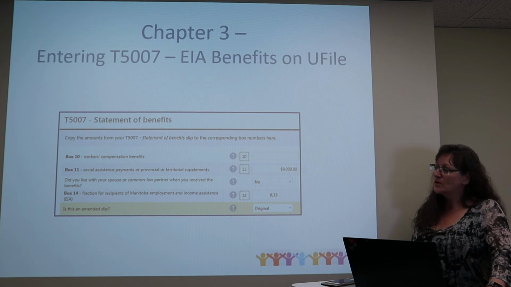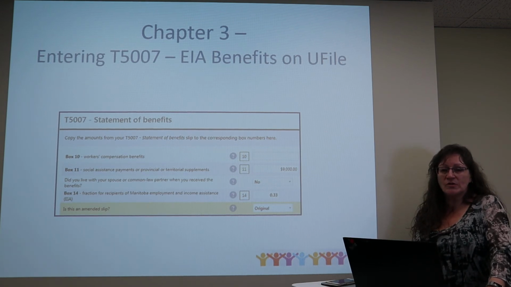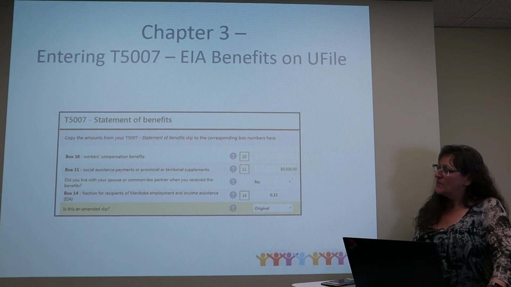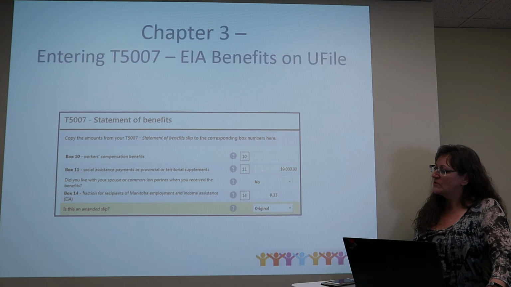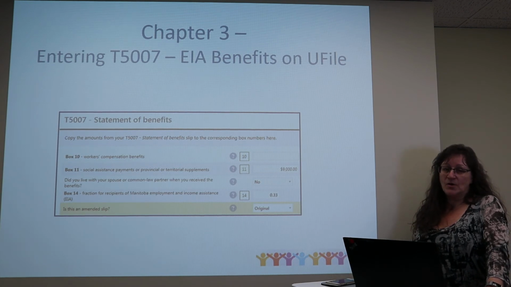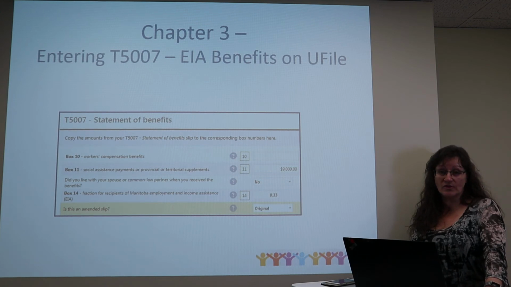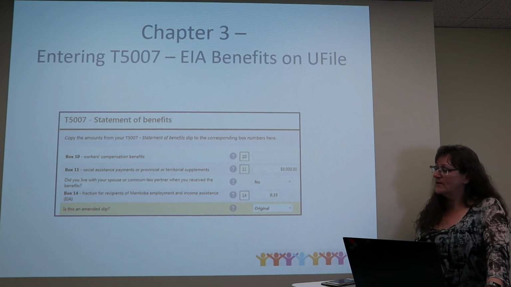When you open it, it'll look like what is on our screen here, and we'll see that whatever is in the boxes on your T5007 is matched in your entries on the fields here. We don't have workers' comp in this situation, so there's nothing in box 10, but in the example we just looked at, there is box 11, $9,000 shown on the T5007 slip. So we enter that in there.